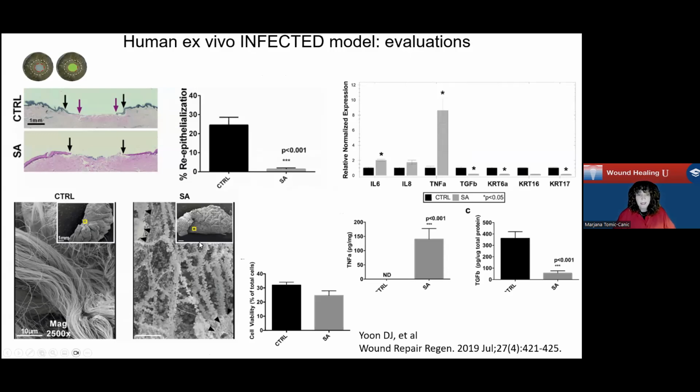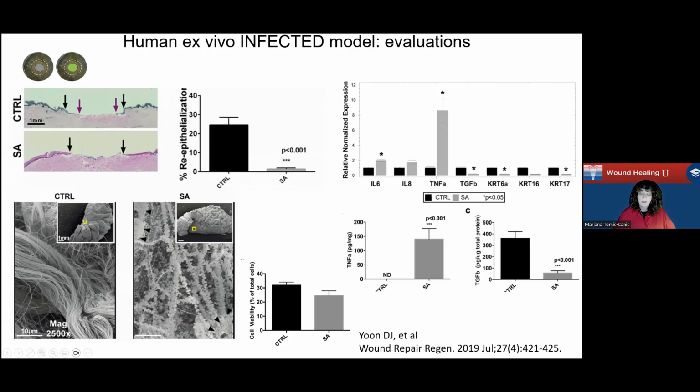First of all, looking at Staph aureus biofilm formation, quantification of the bacteria, as well as responses, first reepithelialization, and of course, expression of various factors that participate in wound healing, inflammation, and so forth. So again, the ex vivo human model is very useful.